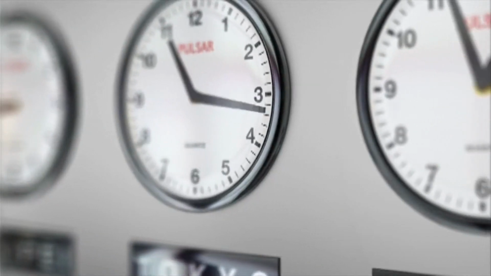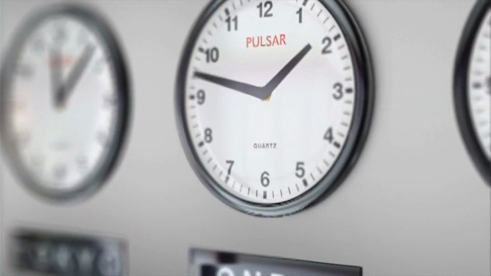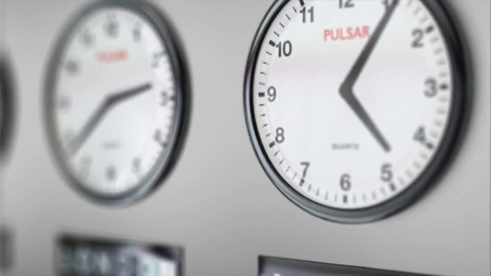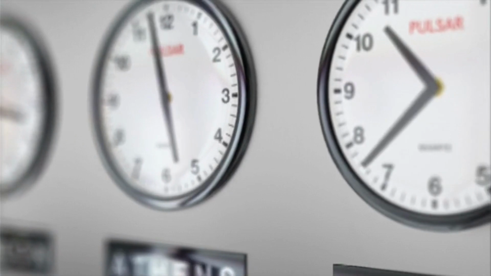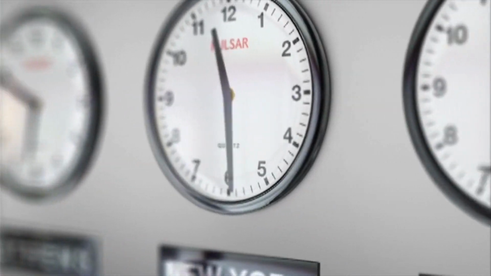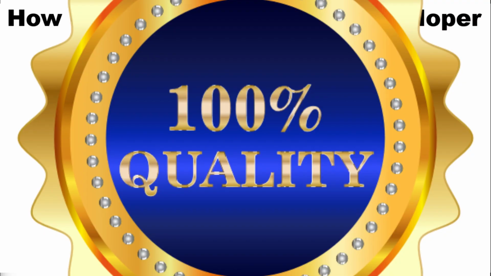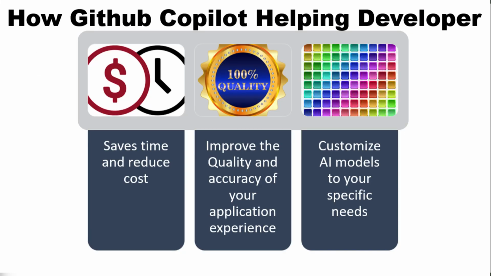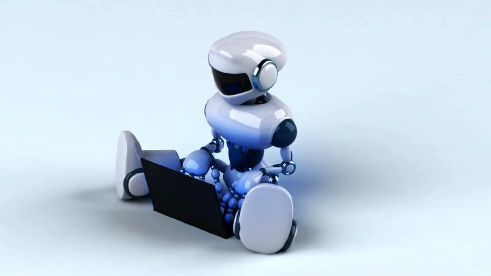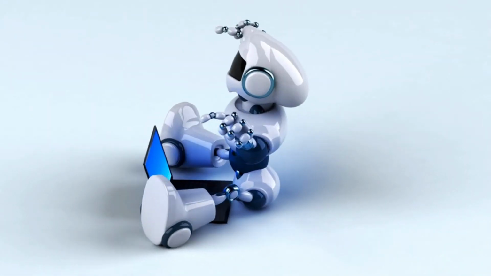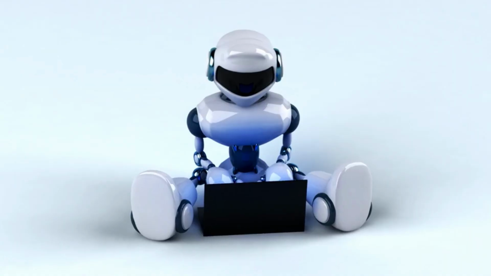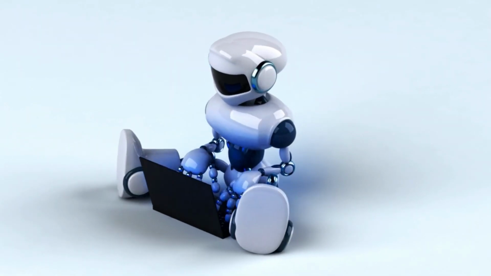It saves time and reduces cost by automating tasks that require natural language or code generation. It also improves the quality and accuracy of your application experience, lets you customize AI models to your specific needs by fine-tuning with your own data and parameters, and provides automated unit test cases based on your code.